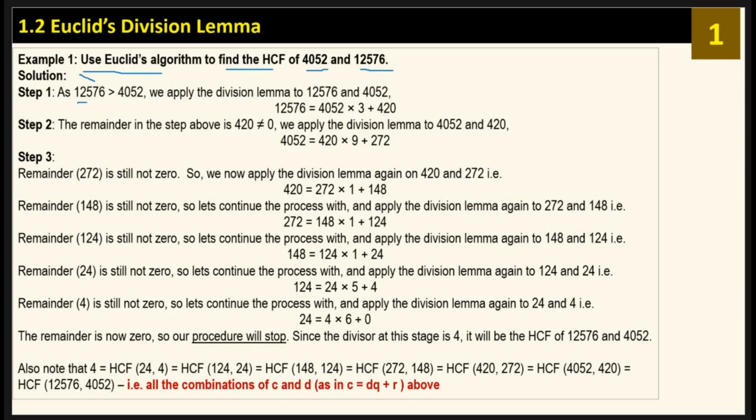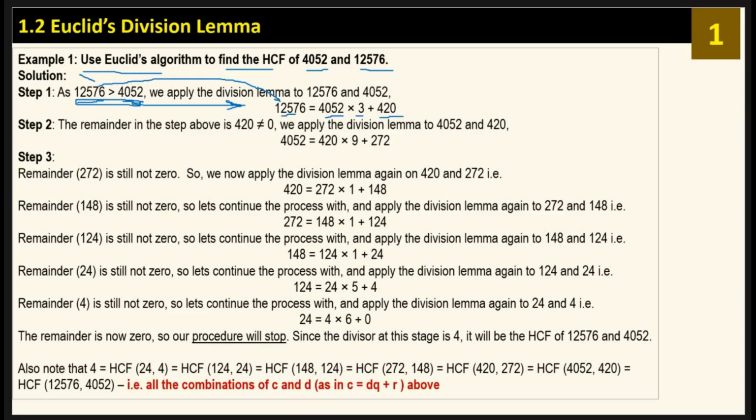We notice that 12576 is bigger than 4052, so we shall keep 12576 in the dividend position and apply the lemma to these two numbers, and we obtain an equation like this: 12576 is equal to 4052 times 3 plus 420.